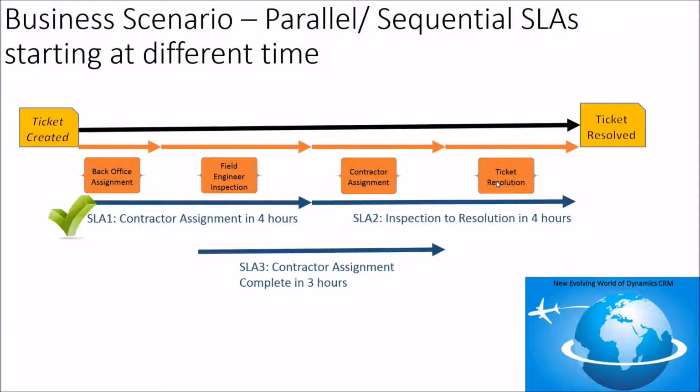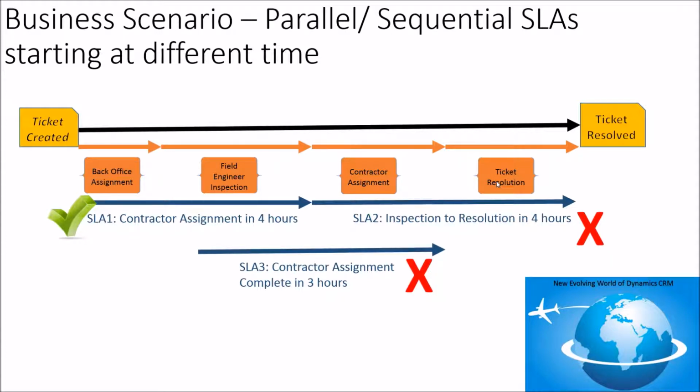So you cannot have three SLAs applicable at the same time. That's a challenge, right? So when we did this implementation in our customer case, we said, okay, fine, SLA 1 will use out-of-box features, but SLA 2 and 3 we will do something else, and I will show you what we did.